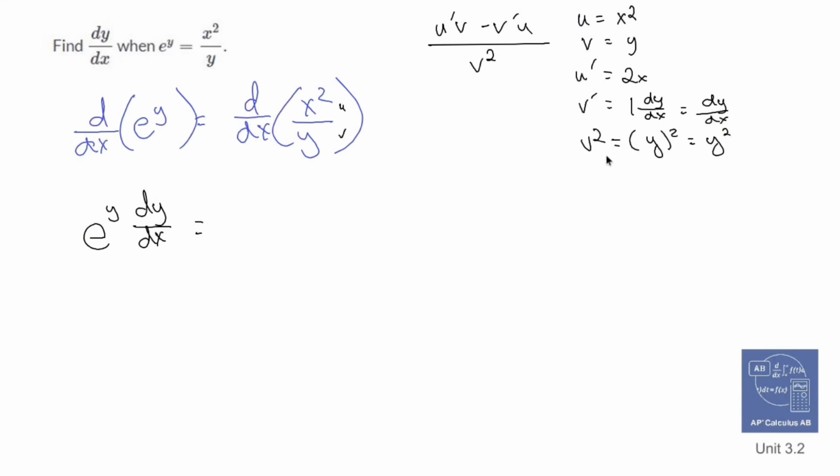So the right side is going to end up being u prime v, so 2x times v, so y, minus v prime, so dy dx, times u, x squared, all over y squared.